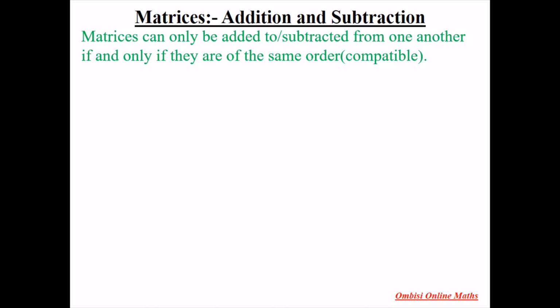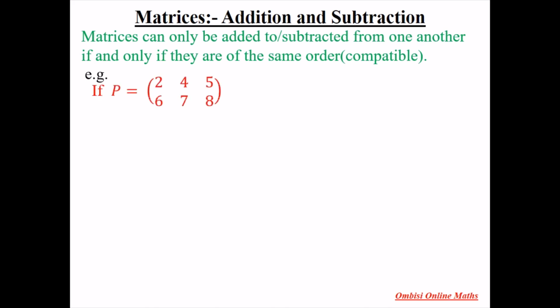A 2 by 2 matrix can only be added to another 2 by 2 matrix. If the first matrix is 2 by 2 and the second is 2 by 3, those two matrices cannot be added, neither can they be subtracted, because they are not of the same order.